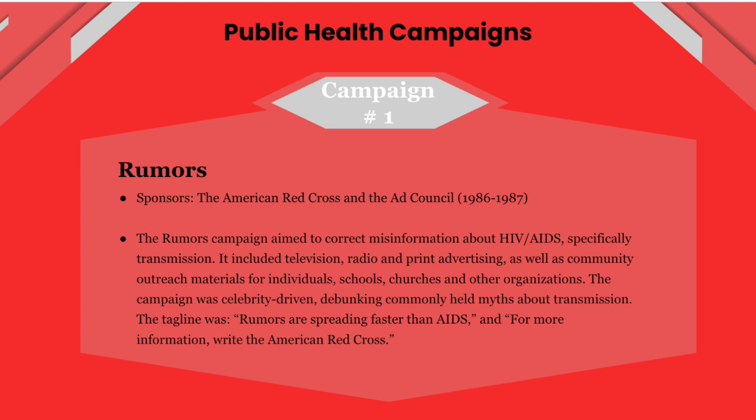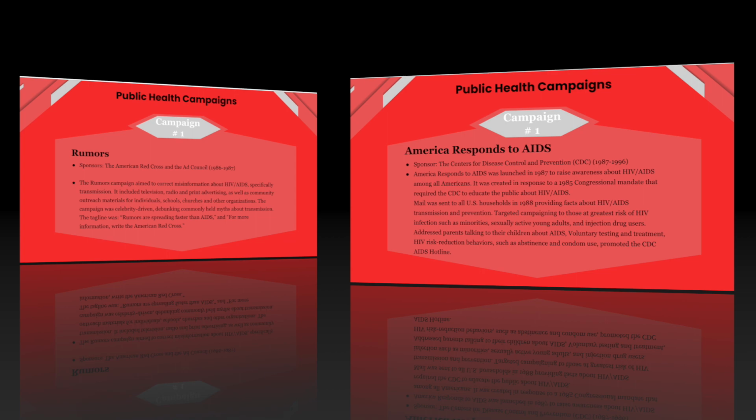It included television, radio, print advertising, and community outreach materials for individuals, schools, and other organizations. This campaign was celebrity driven and focused on debunking myths about transmission, and the tagline was "Rumors are spreading faster than AIDS. For more information, write the American Red Cross."